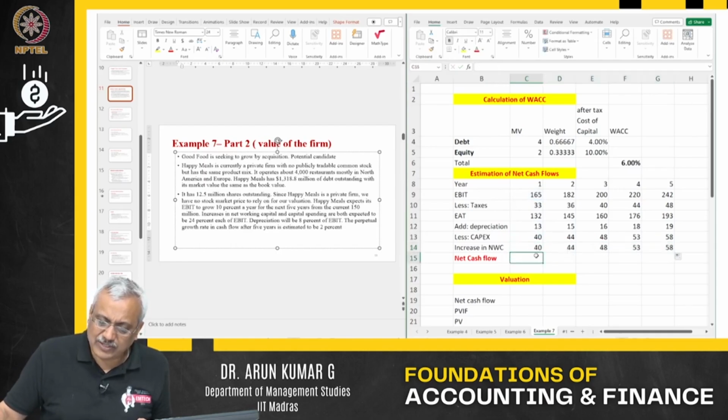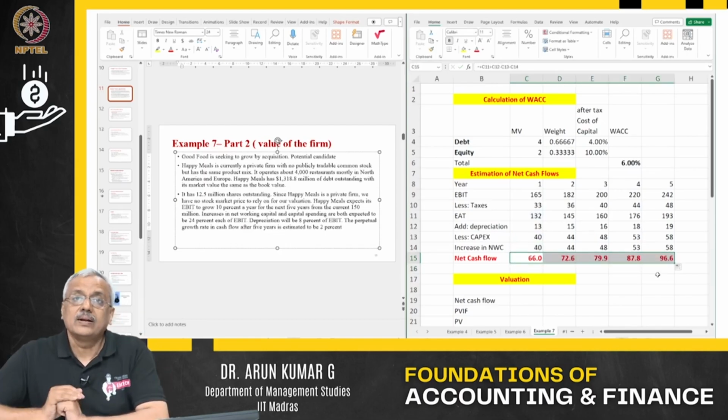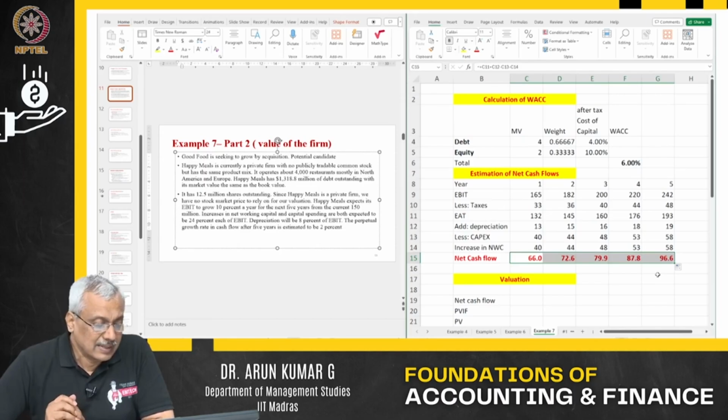The net cash flow I will have is EAT plus my depreciation minus my capex minus my increase in working capital, and this is the net cash flow that I am going to have here.